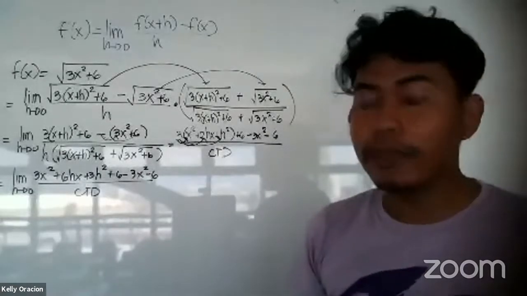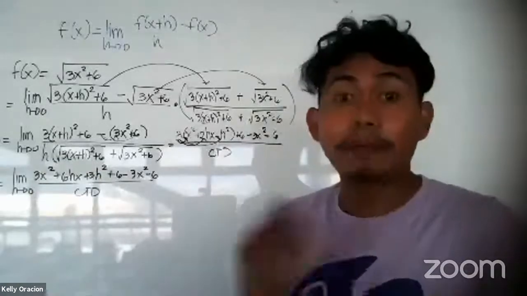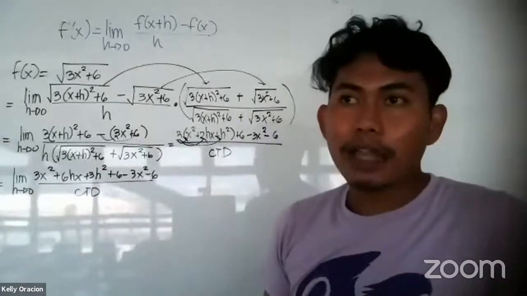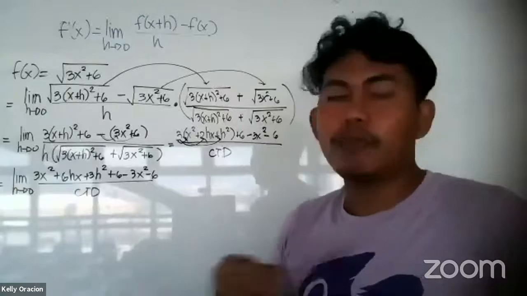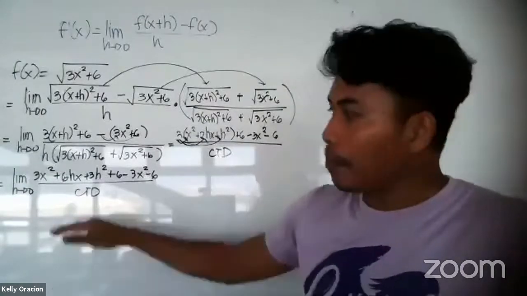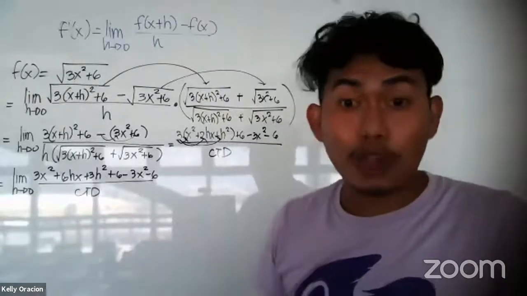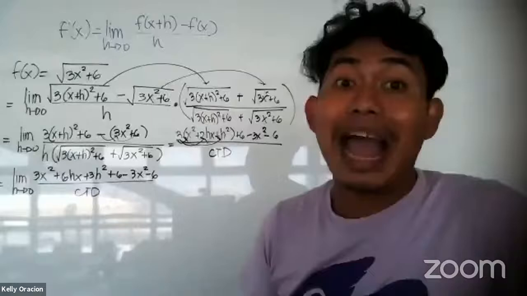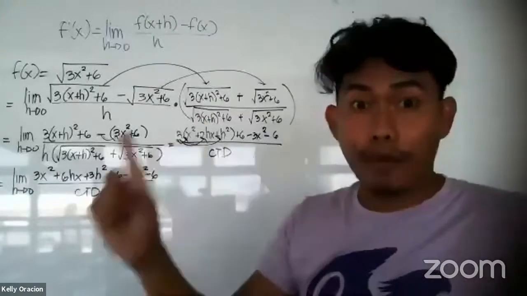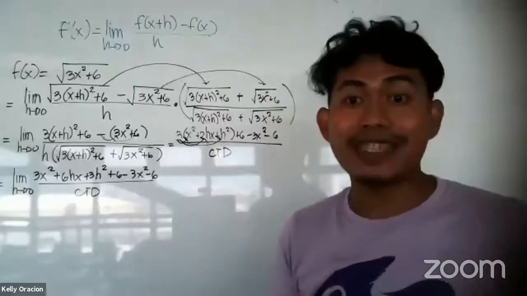One of our goals is to eliminate this variable h sa ating denominator, kasi siya yung dahilan kung bakit maging 0 ang denominator. So mag-stop lang kayo mag-use ng CTD if ever meron ng ma-factor or ma-cancel na h, both numerator and denominator. That's the time to stop using CTD.